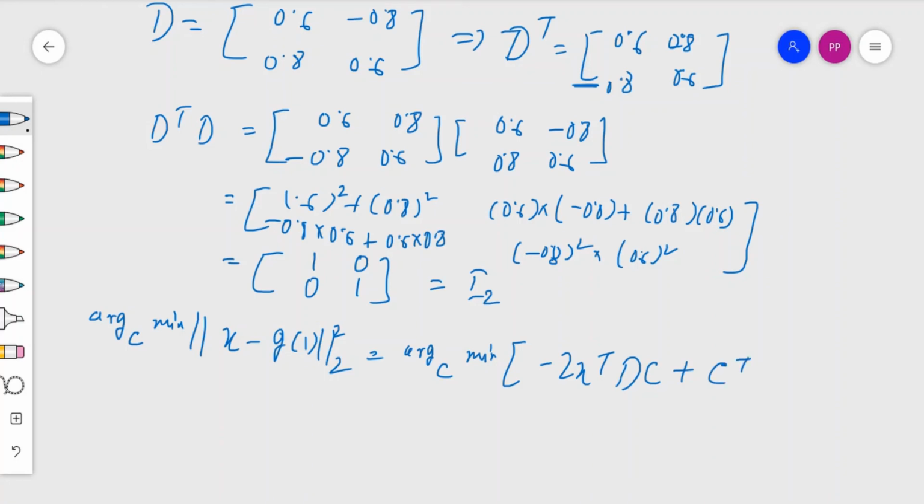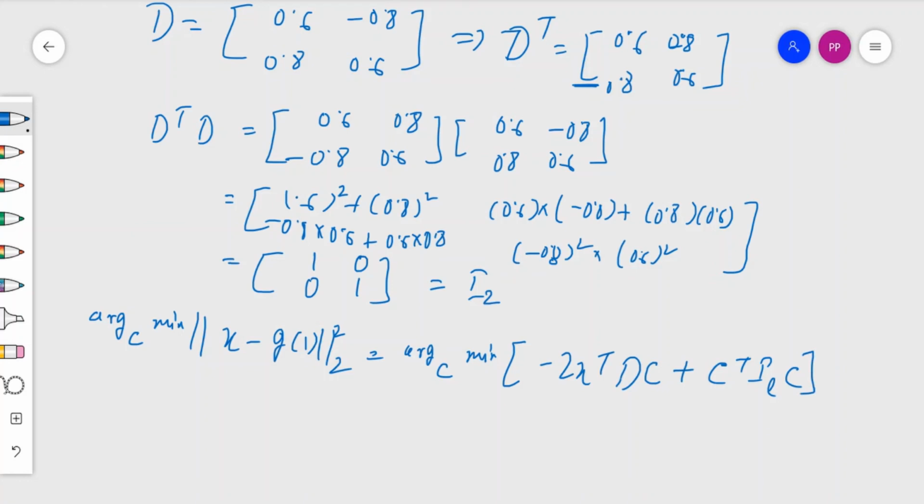Here instead of D transpose D we should write I, but because D transpose is of the order of L by n and D is of the order of n by L, the identity matrix should be of the order L by L, that is IL. So I should write here IL and C.